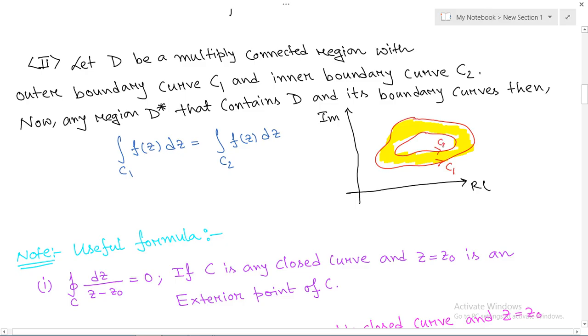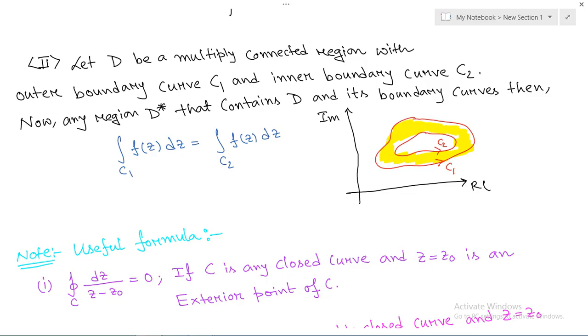So if you want to integrate the function over these two curves, then the value of the integration of f(z) dz will be the same. There will be no change in the value of the integration wherever you perform the integration, on the outside curve or the inside curve, because the function is analytic within this annular region.